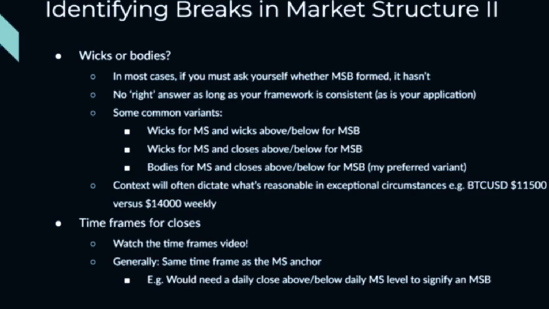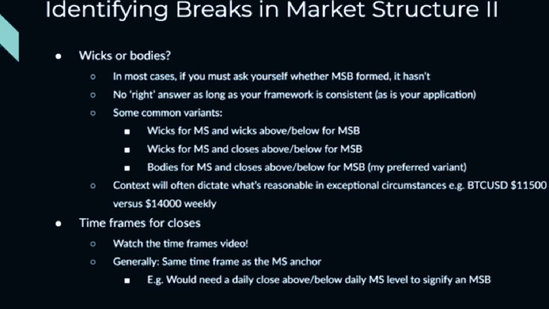So no requirement for a close, just wicks through swing highs or swing lows would constitute a market structure break. I've seen that. The second, which I think is probably the most popular, uses wicks for market structure, so swing highs and swing lows are the actual wicks of the candlesticks, and then closes above the highs or below the lows for market structure breaks. This is the more conservative one, where you're using the extreme for the high and low, and then you want a full close through to get some sort of confirmation.